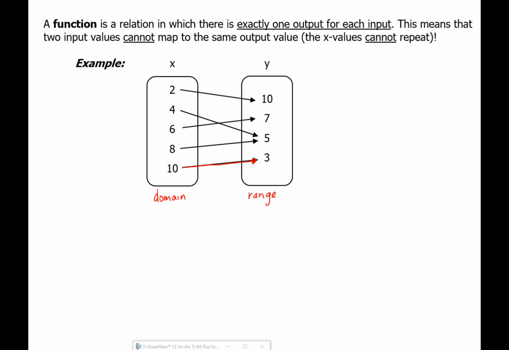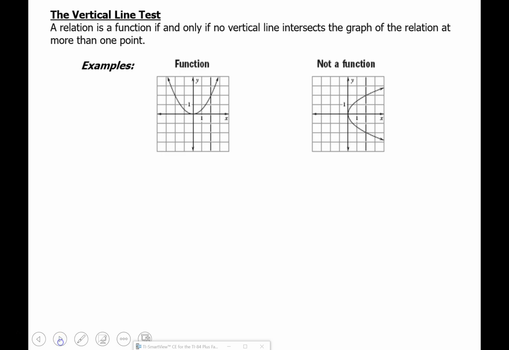So notice that for each of the input values in the domain, there's only one arrow coming off of each of those values. That's what makes this a function. You cannot have two arrows coming from the same number. If that were to happen, this would not be a function. Each domain value only gets one range value.